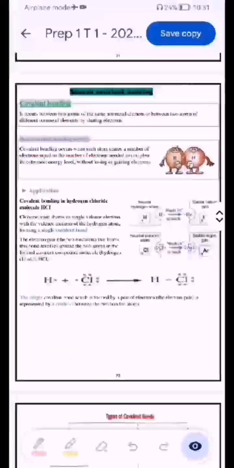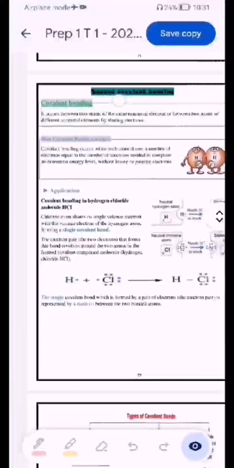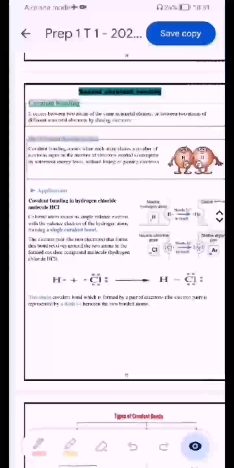Now we will talk about the second type of chemical bonding, called covalent bonding. Covalent bonding occurs between 2 atoms of the same nonmetal or different nonmetals. So a covalent bond occurs between nonmetals only.